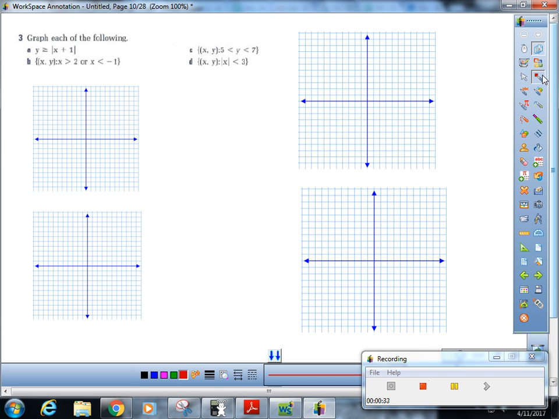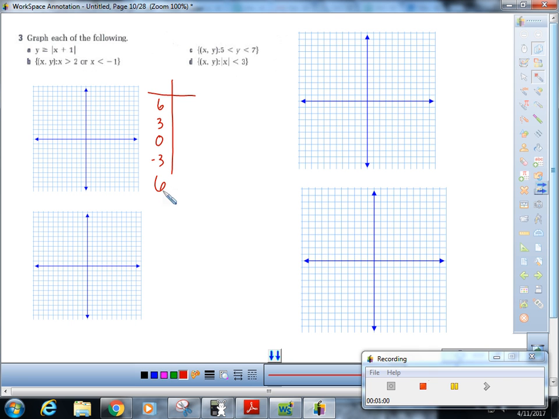Okay, some absolute value graphs here. I highly recommend you learn how to use your graphing calculator to do these, but I will do these by hand. Here's A. Let's just plot some values, and let's make sure we plot some negatives, some positives, and some zeros. So how about 6, 3, 0, -3, and -6.